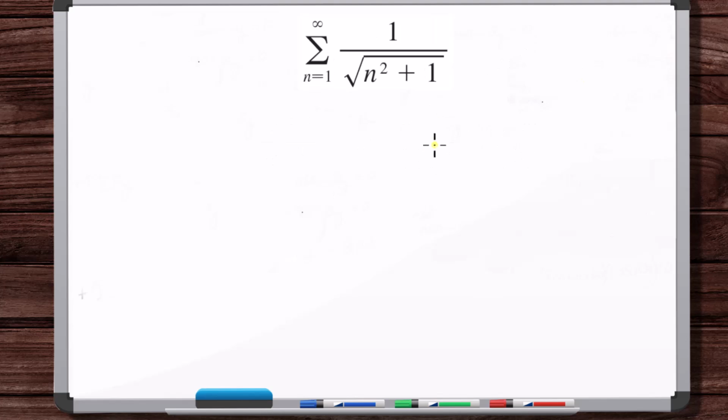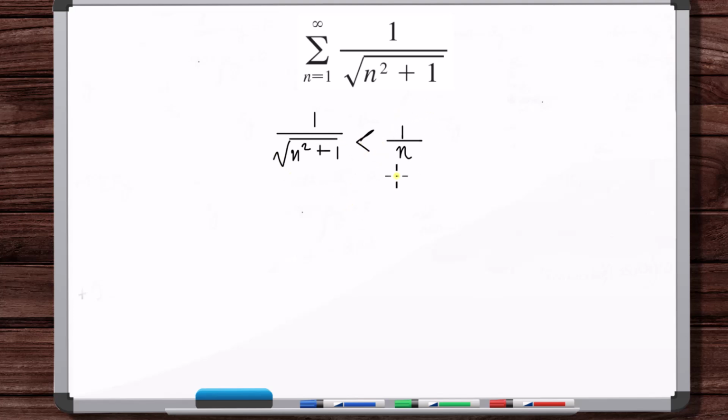Okay, I just see that this 1 here, so 1 over, take off the 1, the square root of n squared is just n. We know that's divergent. Okay, we always have a bigger denominator here, so this is less.